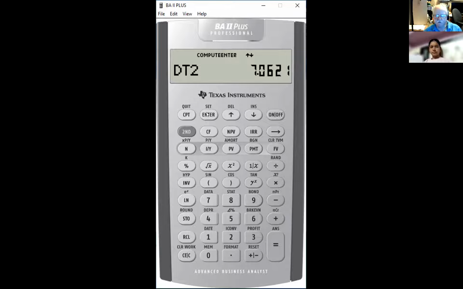When I hit enter, it's a little more legible: 7th month, 6th day of 2021. Then hit the down arrow and you're looking at days between dates. It has the last calculation in here, which was 151. But go compute and it'll do the calculation again.